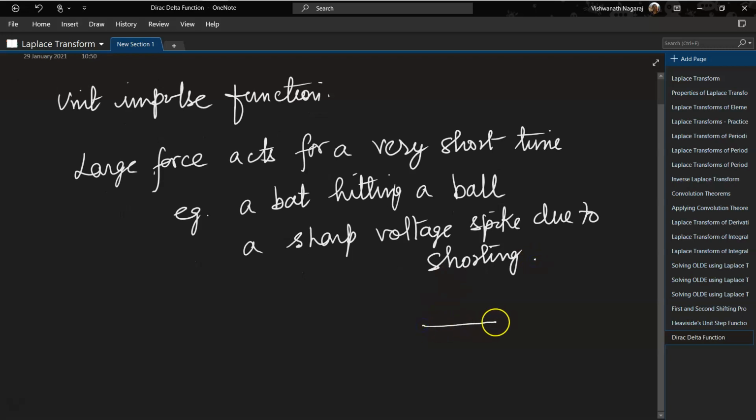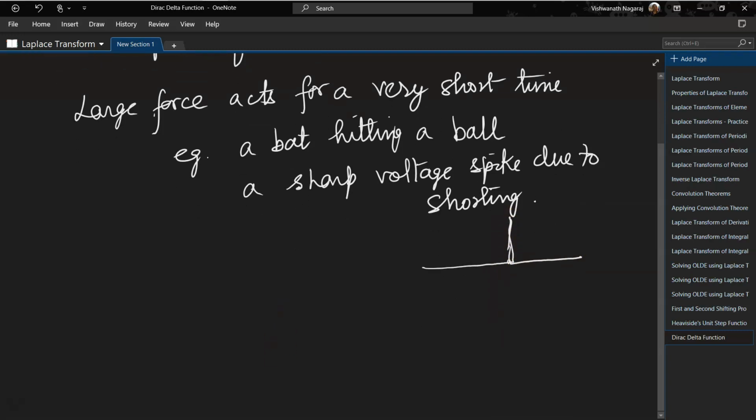Basically what happens is it keeps going like this, and suddenly it jumps. This type of situation can be handled using the Dirac delta function.